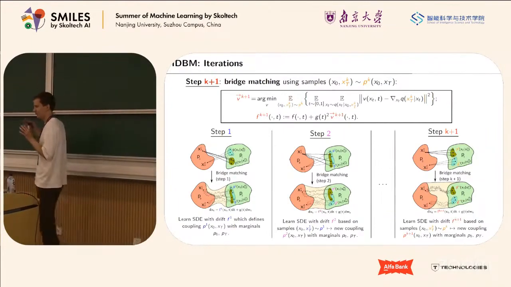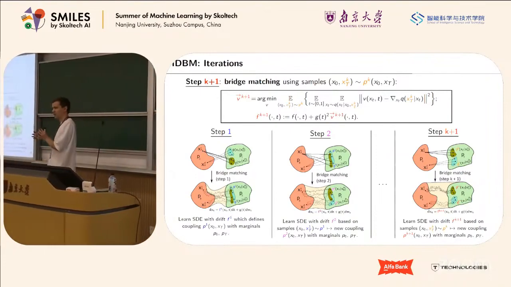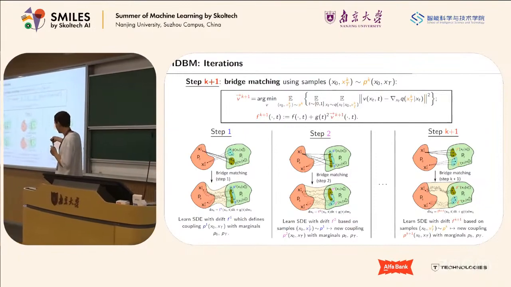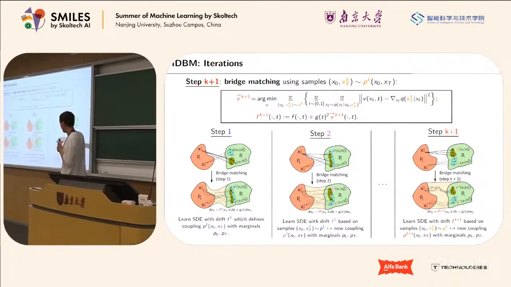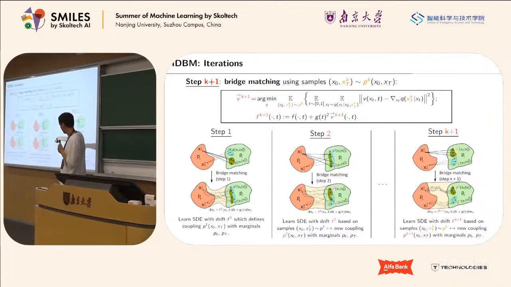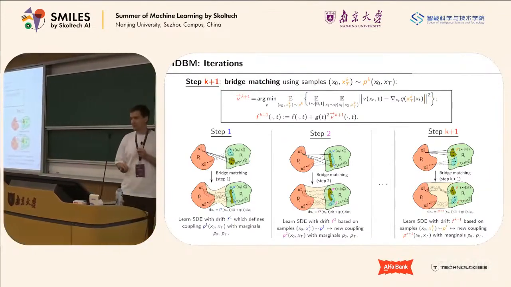Like we did in flow matching, we had some coupling obtained from our previously trained model, and we use it for training the next model. So we train the next model on this coupling, we obtain some diffusion process which has some correspondence between input samples and target samples, and we can repeat this process many times, exactly the same way as in flow matching. Nothing really changes.